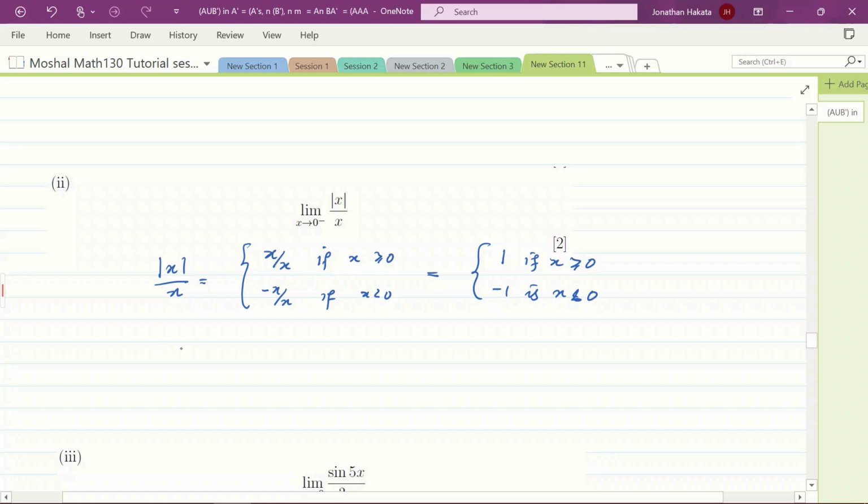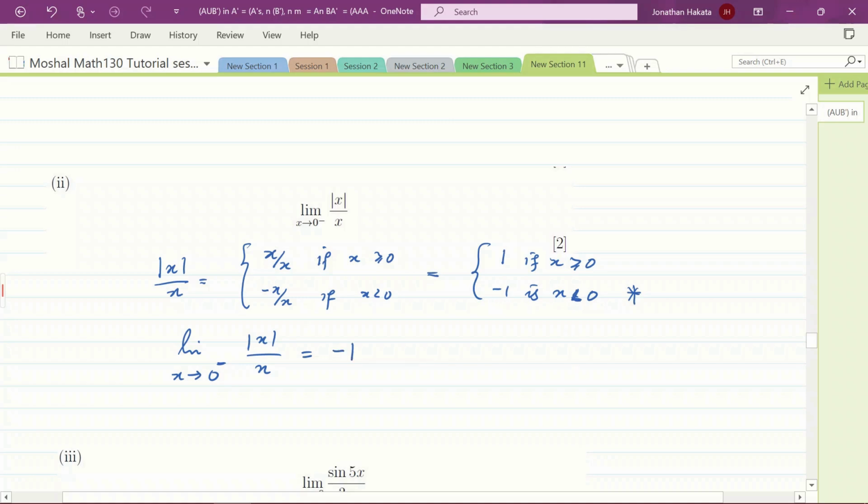Now, the limit as x approaches 0 from below of modulus of x over x, coming back to the question, is equal to... from below. So from below, we look at this piece, x less than 0, so it will be minus 1.